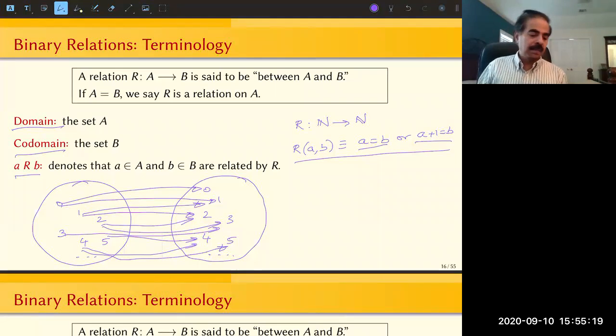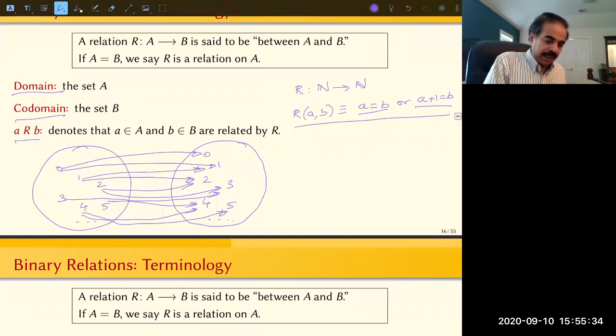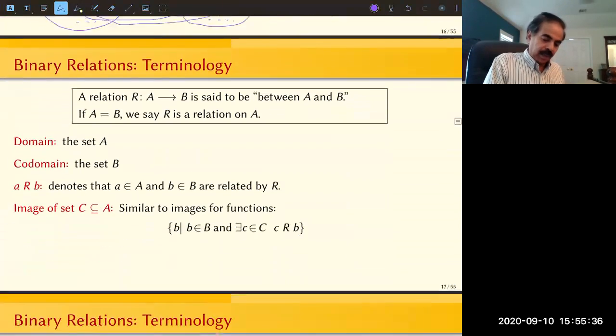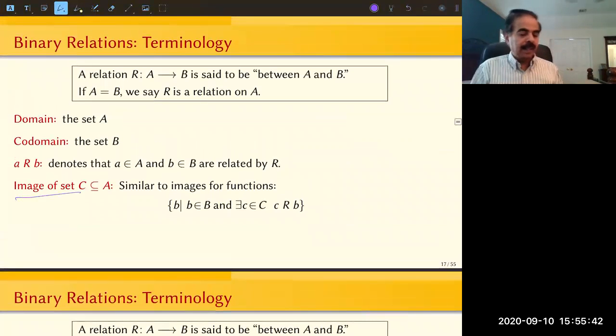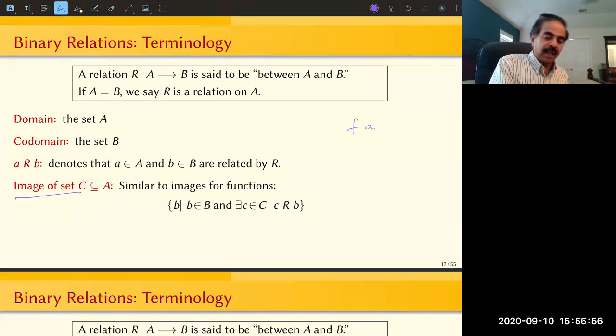So once again, we use these arrow diagrams to depict these relations and get a visual idea of what the relation is doing. We can define the notion of an image for relations in exactly the same way we do it for functions, except that in the case of a function, f of a will be exactly one value.